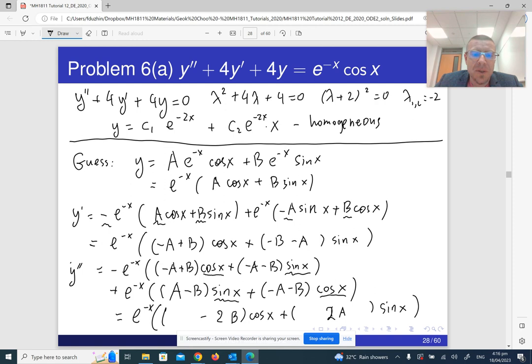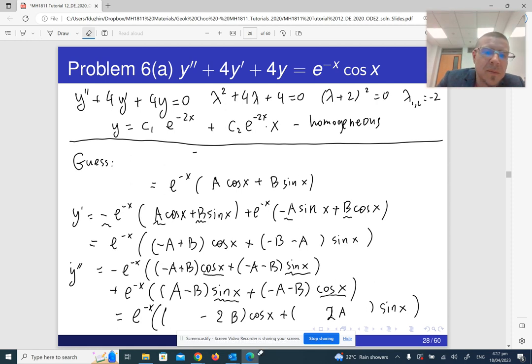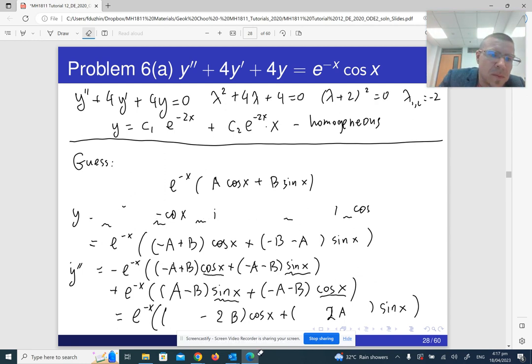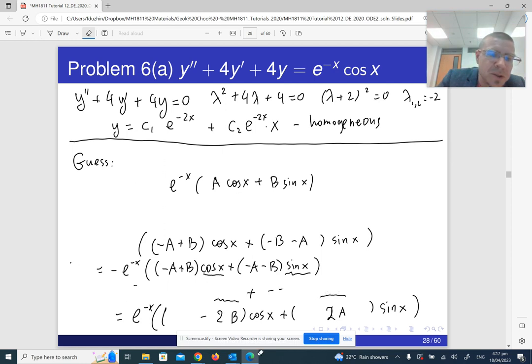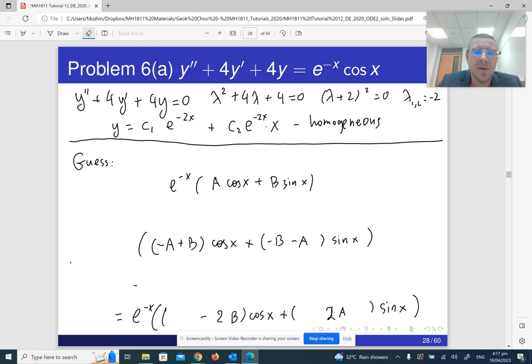So now we have to plug it back into the equation, right? So let me free some space here. So this is not necessary anymore. So we just have y.